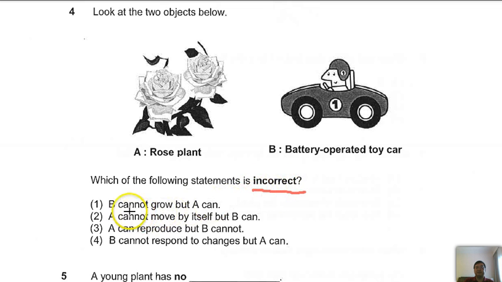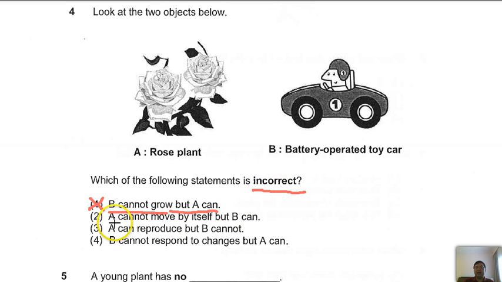Let's take a look. B cannot grow, which is correct. B cannot grow here, but A can. If this is correct, then it is not the choice. We are looking for an incorrect statement.